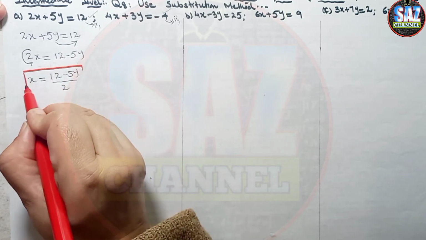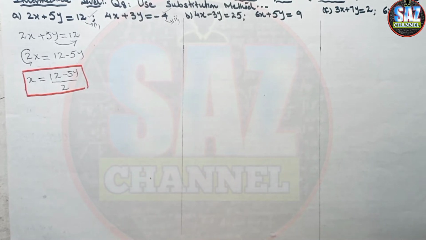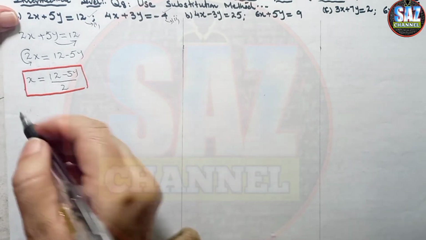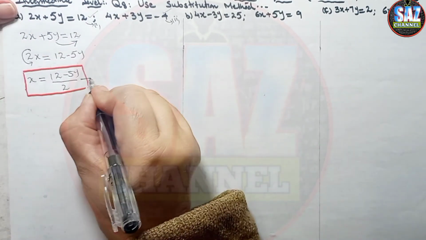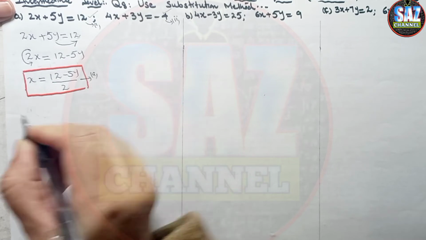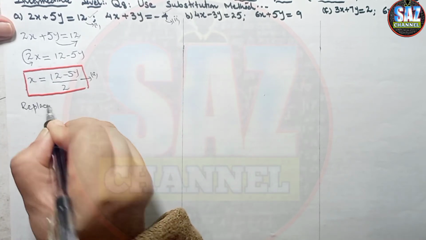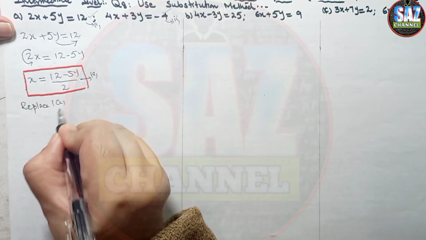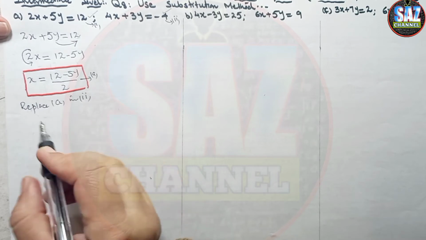Now I will be substituting, I will be replacing value of x, 12 minus 5y by 2, in second equation. Let it be 3. Okay, let me mark it as A. Replace A in equation 2. It's always good to give these references.